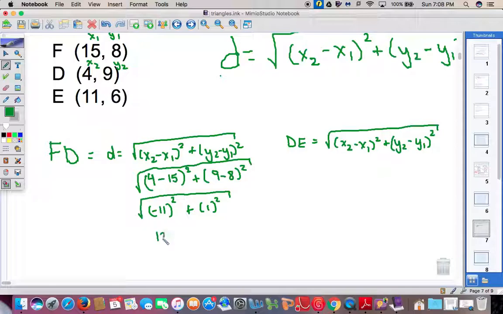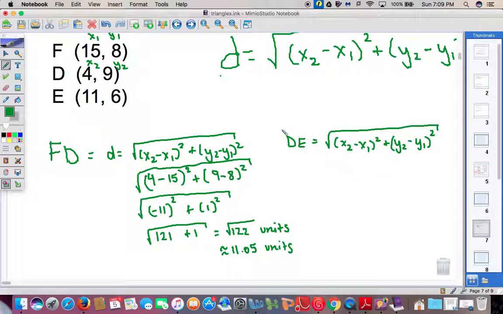So this is going to be a positive 121 plus 1. So I have 122 units. So the square root of 122 units, and that's going to be just over 11. So this is approximately 11.05 units.